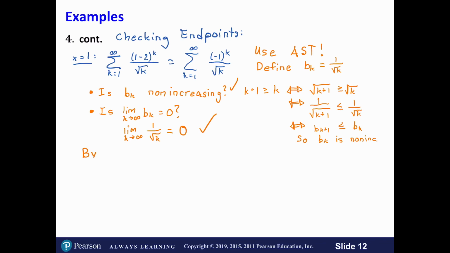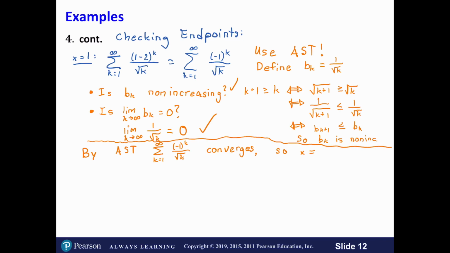So by the AST, the series, sum from k equals 1 to infinity, of negative 1 to the k over square root k converges. So x equals 1 is included in the interval of convergence.